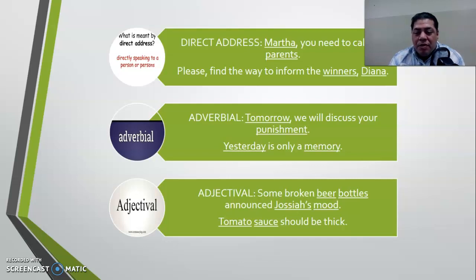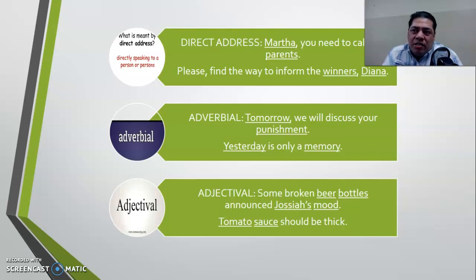Now, Martha is a direct address because that's the name of the person you are talking to. Yes? Martha, you need to call your parents. Check the other example. Please find the way to inform the winners, Diana. Now, Diana is also a direct address or an addressed noun.